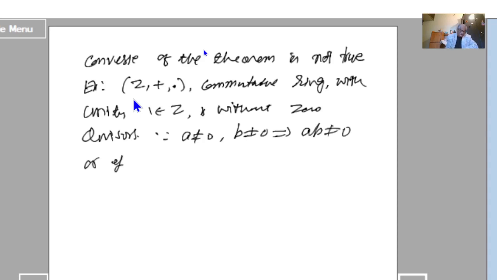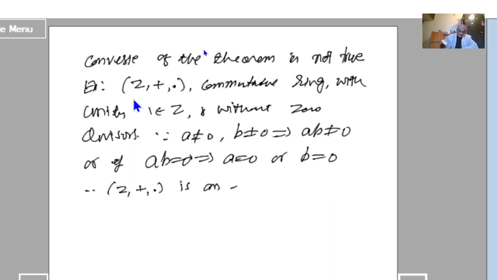Or if AB equal to 0, we can have the same thing as A must be equal to 0 or B must be equal to 0. One of these two must be equal to 0. This is, Z comma plus comma dot is a commutative ring with unity and without 0 divisors. Therefore, Z comma plus comma dot is an integral domain. Okay, this is an integral domain.